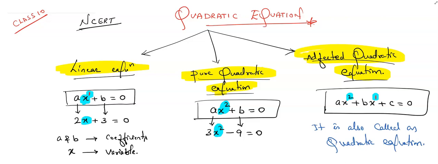An equation which involves a variable whose highest degree is only 2 is called pure quadratic equation.